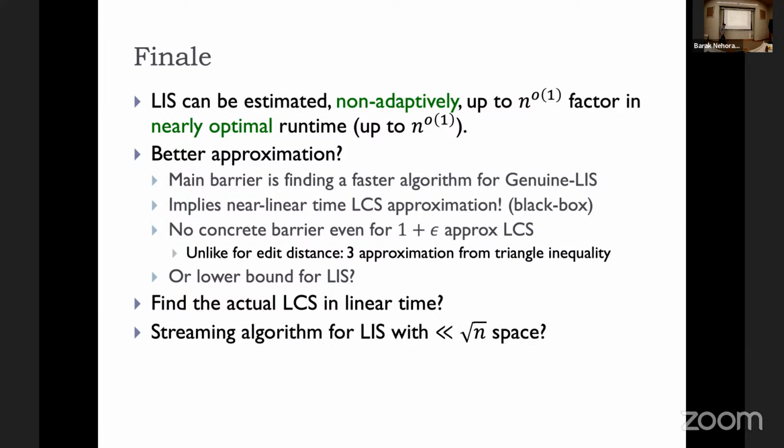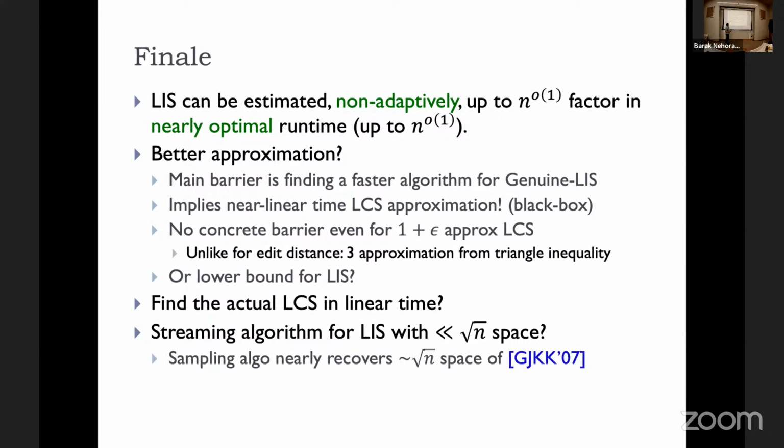The other connection is to one of my favorite open questions, which has been open for about two decades now: to find a streaming algorithm for the longest increasing subsequence in the streaming model with space less than root n. You have a sequence, you have streaming access to it, and you want to estimate the length up to some approximation.